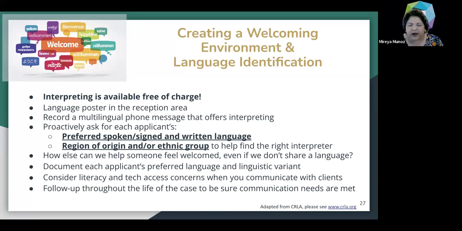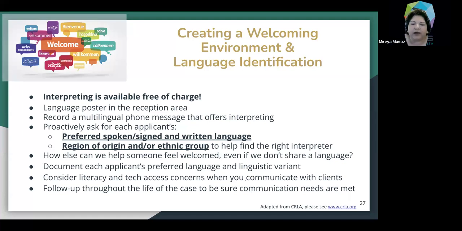One of the ways of doing that is ensuring that we are making a safe and welcoming space for them, so they know that regardless of the language they speak and the spaces they enter, they are welcomed. As service providers, we are making every effort possible to communicate with them in the language they feel most comfortable in.